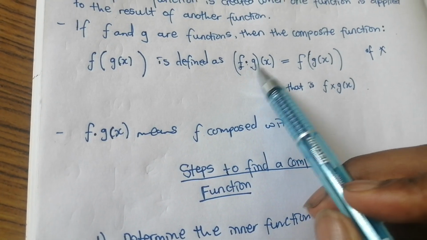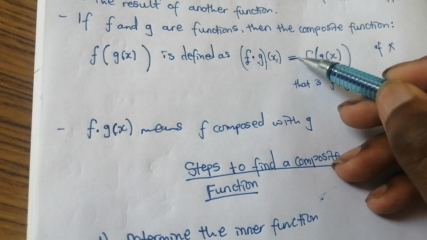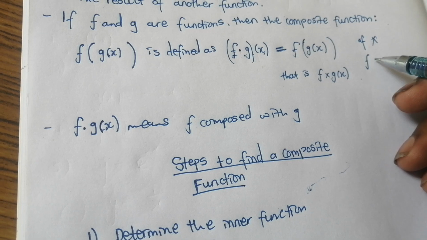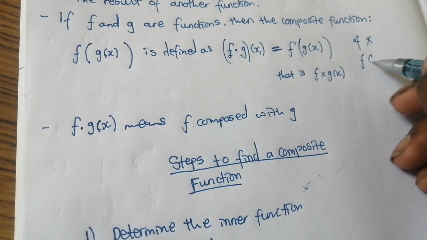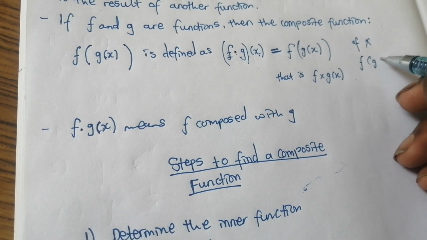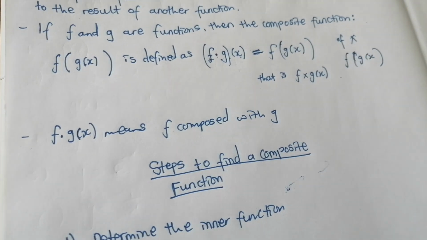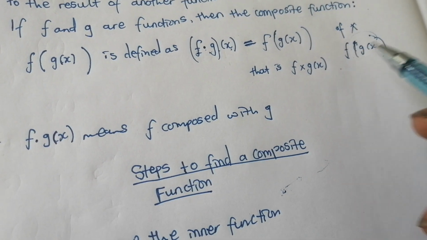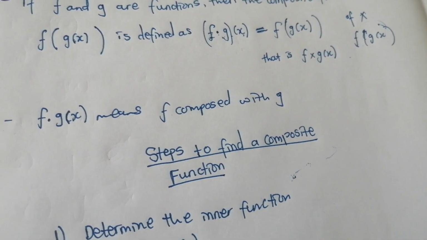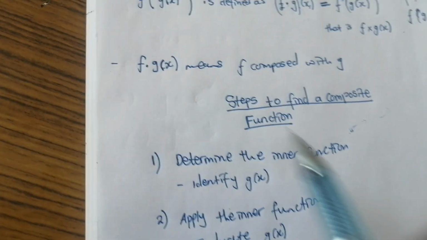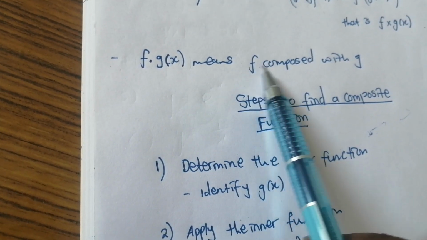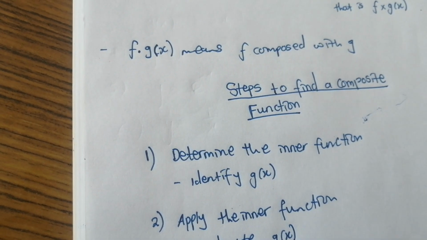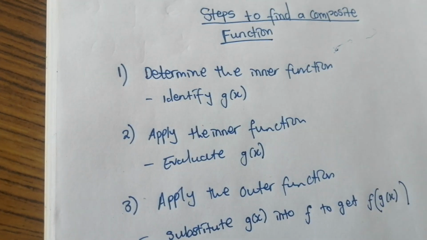So f of g of x is the same as fg of x. It means we are substituting g of x into f of x. Fg of x means f composed with g, which means g is being substituted into f.